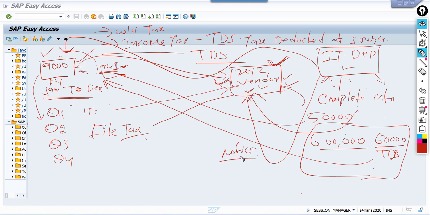So that is the main purpose of the tax deducted at source concept. This way, the tax department has complete information about the incomes of individuals and corporates, so that there won't be any tax evasion. That is the concept here. Hope you understand this concept.